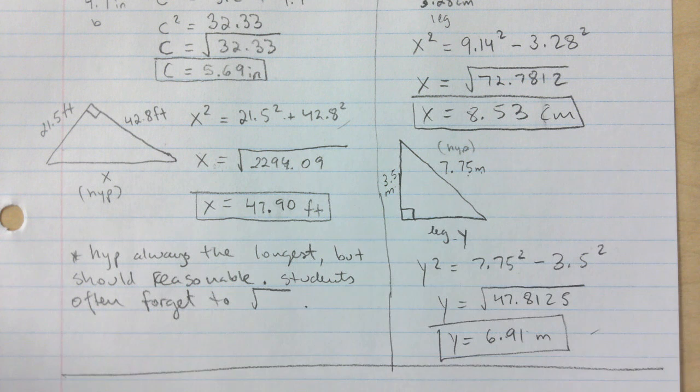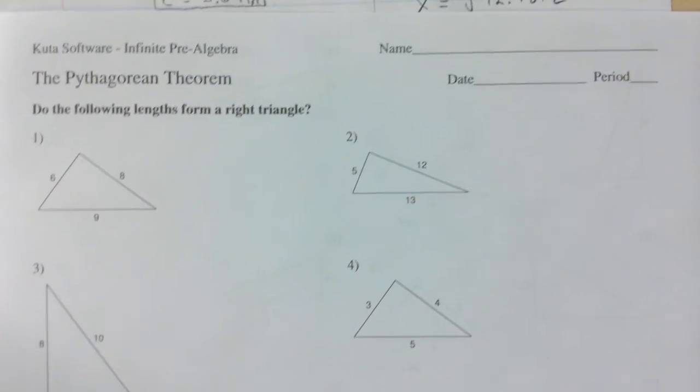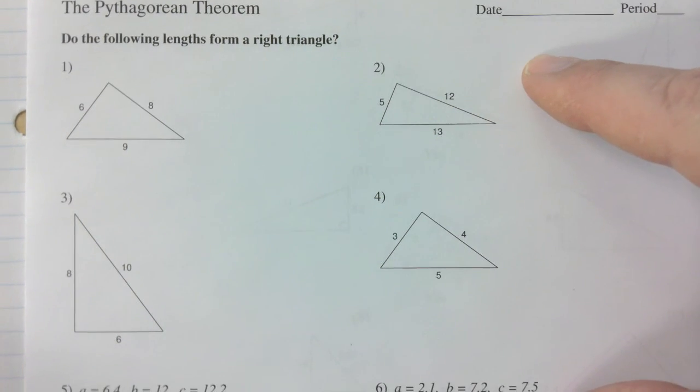That's it for now. If you're at home, I want you to use the following worksheet. I thought I had it ready here to work on. Okay, so this worksheet goes with this lesson. Right now, don't worry about the top part here.